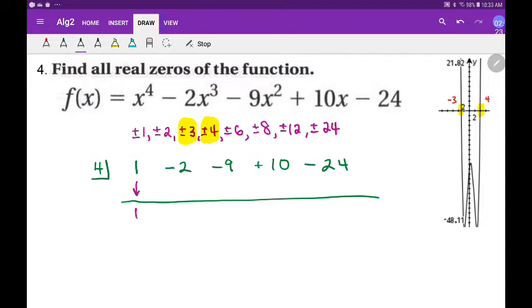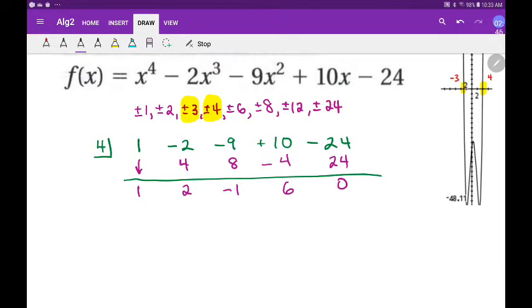So I bring down the 1. 1 times 4, 4. -2 plus 4 is +2. 4 times 2 is 8. I get -1 when I add them together. 4 times -1 is -4. 10 minus 4 is 6. 4 times 6 is 24. And I do get 0. So that means that x minus 4 is a factor.